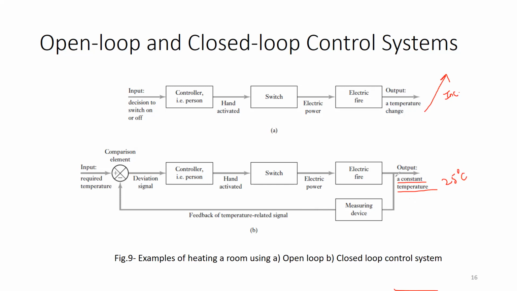For that, what needs to be done? An extra measuring device, that is a feedback system, needs to be installed. So whatever temperature is there, it will keep on measuring it, and this feedback will be given to a comparison unit. Comparison element will compare the feedback temperature and the input temperature, and if there is some deviation, then that value will be given to the person who will operate the switch, or this could be automatically operated also.